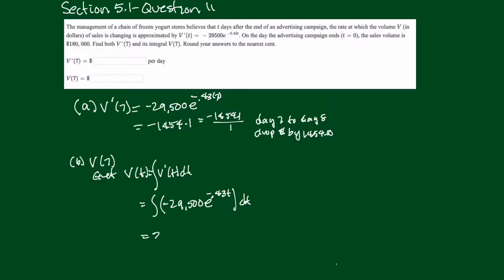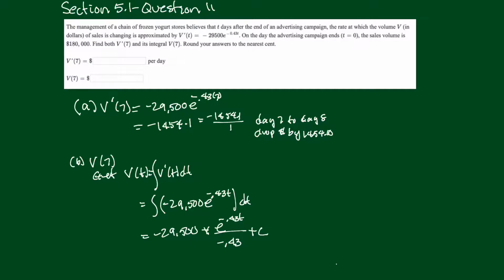We're going to get negative 29,500, and then you remember how to do this with the exponential here, times e to the negative 0.43 t divided by negative 0.43, and then plus c.